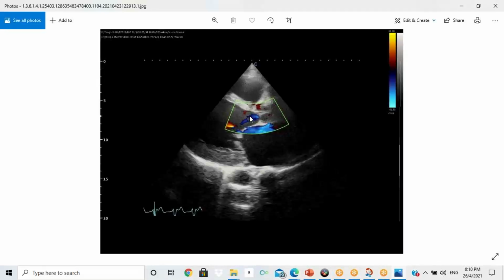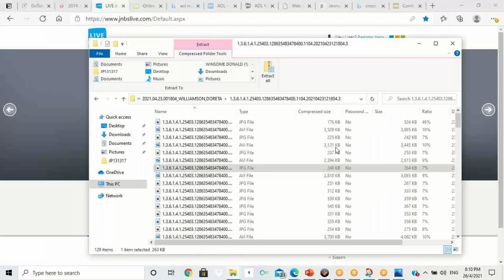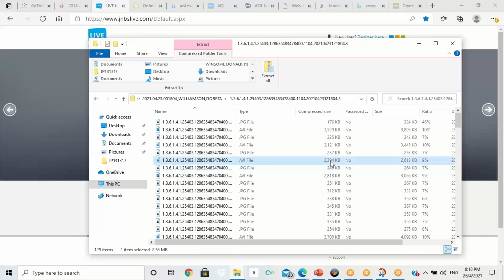Okay, and you can scroll through the color to see what's going on. I'll go back and show you what I mean by that. So you can always freeze.